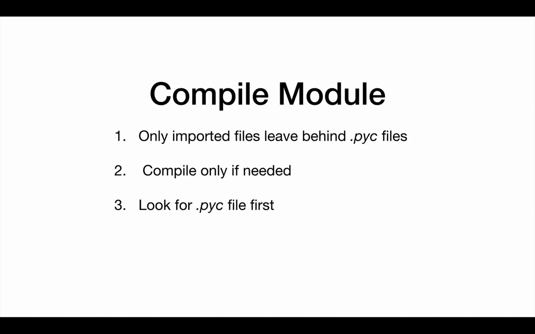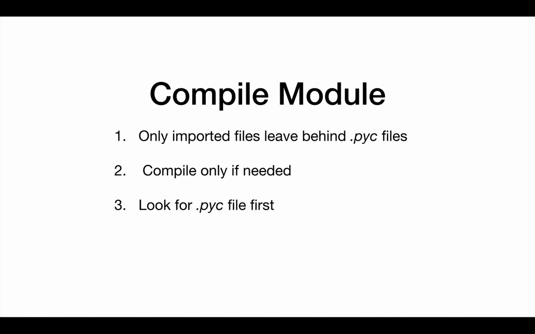It just makes the whole loading and execution process a lot easier and a lot faster. So when you first import a module, if there's no compiled code or bytecode, Python will compile it and then leave that .pyc file behind in one of your paths.